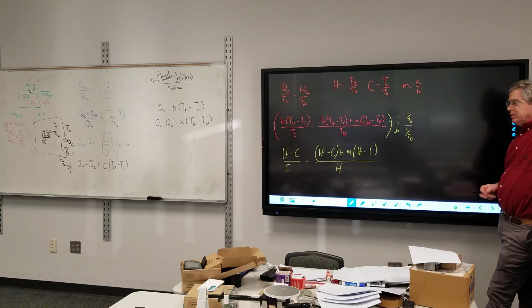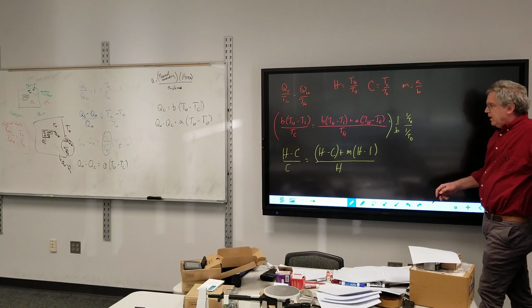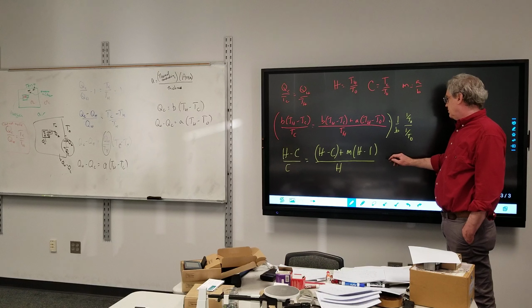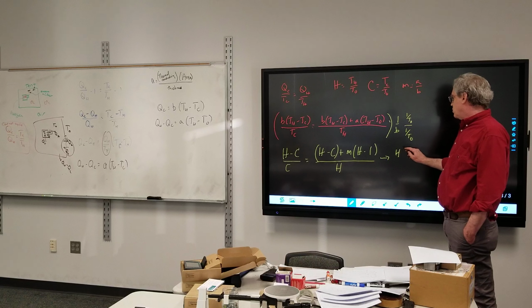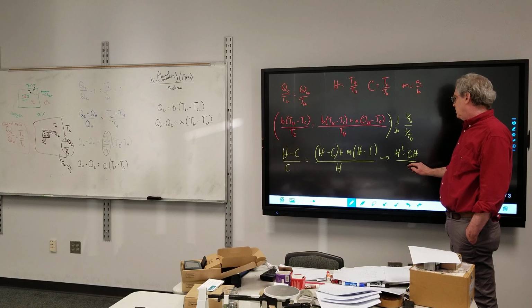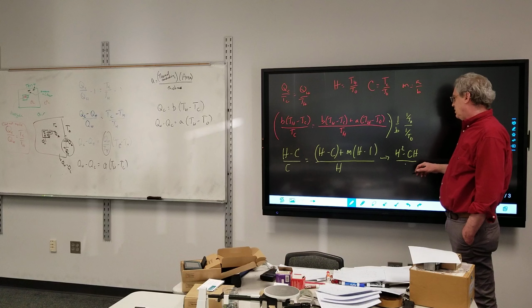I want to solve for M. I need to figure out that ratio in order to know what happens when I stick the other freezer in there. So in this first situation, solving for M, first thing is I'll multiply both sides by H. So I get H squared minus CH over, actually I'm going to multiply both sides by C also.